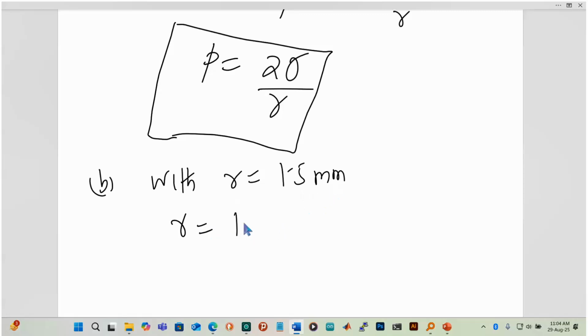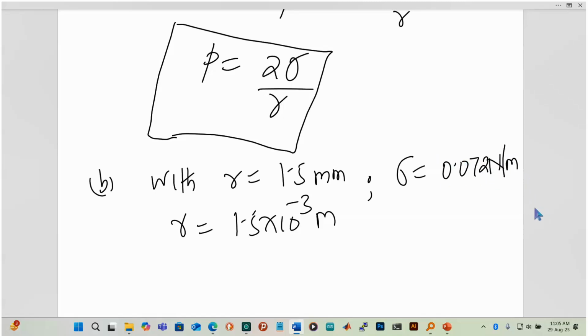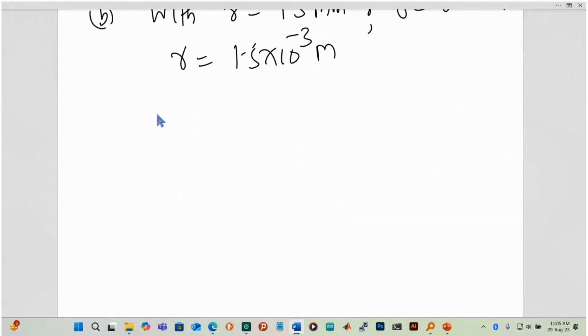So R will be 1.5 times 10 to the power negative 3 meters. Just divide this by 1,000 and then you will get it in meters. So the pressure, therefore, I think also we need to determine the sigma, which is 0.072 Newton per meter.